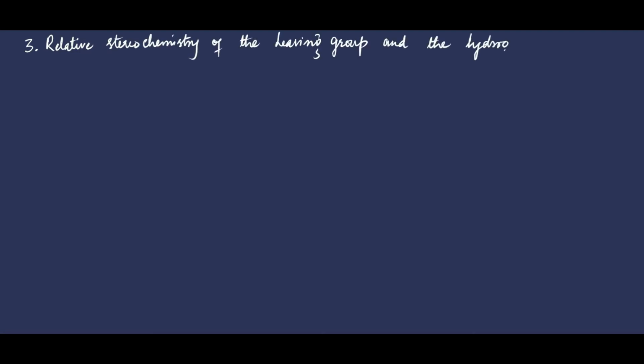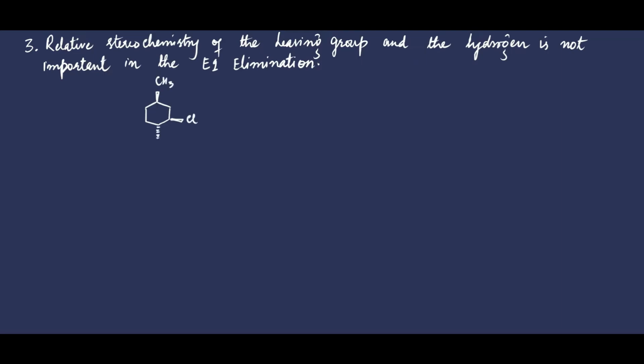The third evidence for the E1 mechanism is that the relative stereochemistry of the leaving group and the hydrogen is not important in E1 elimination. We will understand it by subjecting menthyl chloride to E1 elimination conditions. The two different types of beta hydrogens are shown in cyan and red color.